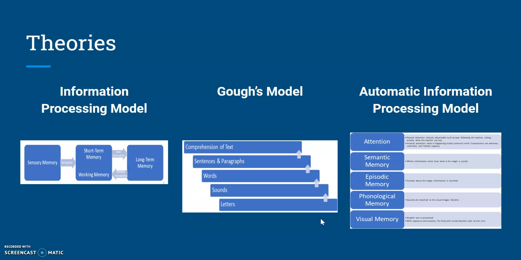This means that in order to get to the next step, you must complete the first step. And lastly, LaBerge and Samuels' automatic information processing model includes decoding words before comprehending the words so that more attention can be used on the comprehension rather than the decoding. But the decoding must take place before the comprehension.